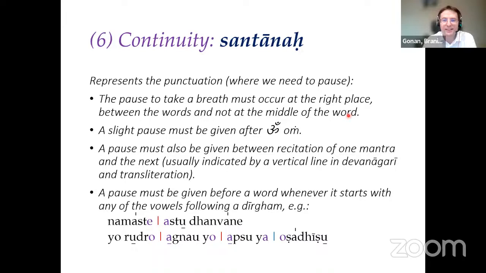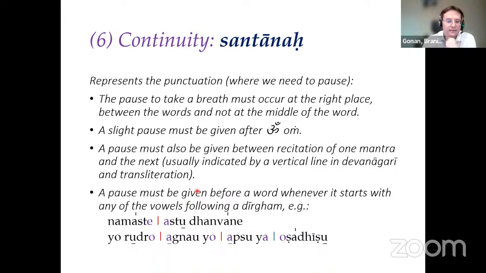So please don't do that. Don't split the word into two by taking a breath. Okay. Of course, after Om, we are giving a slight pause. And also, the pause should be given between recitation of one mantra and the next. So this is something which is very common and logical.